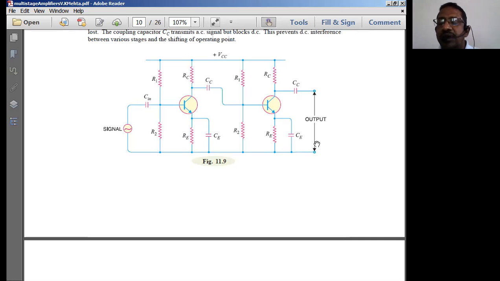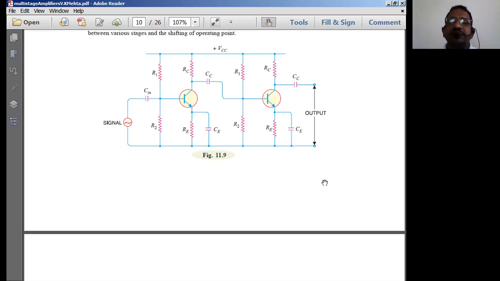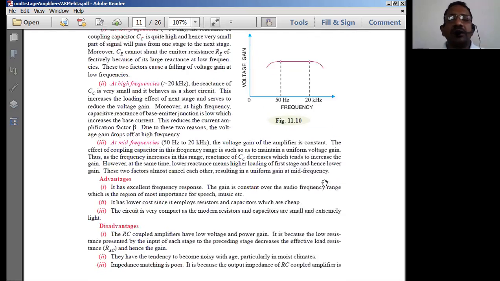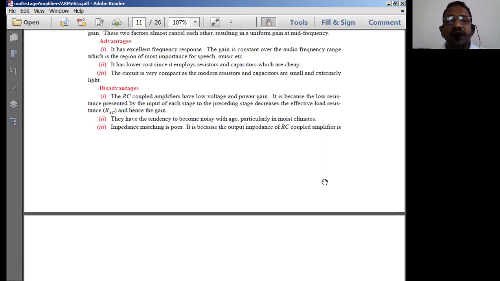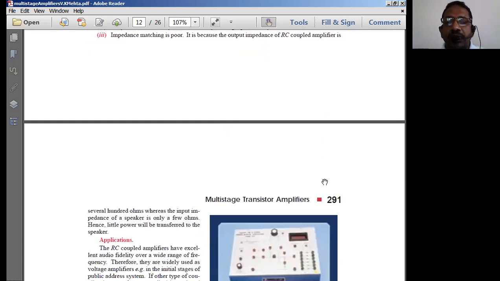Due to this reason, the gain of the amplifier is simply going to get reduced in the case of this particular amplifier stage. Even though we get a good bandwidth, the gain is always going to be very less in the case of this type of amplifier. So this is the drawback which makes us think about another type of multi-stage amplifier.